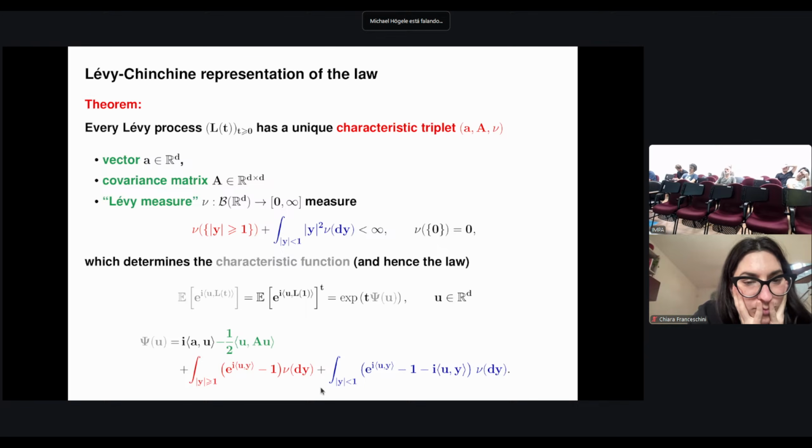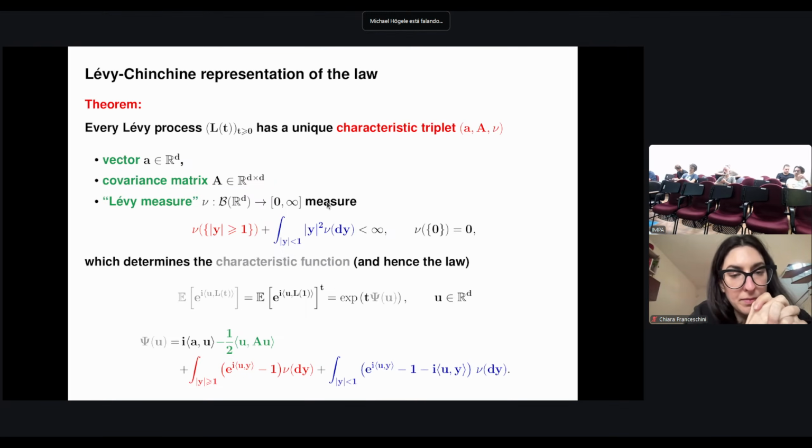And small jumps, they can be very heavy, and this is reflected in the case that the measure which appears here, the unnormalized increment measure, for large jumps has to be finite, while for small jumps it is not necessarily finite, but can have even an infinity. It can have a pole in 0.